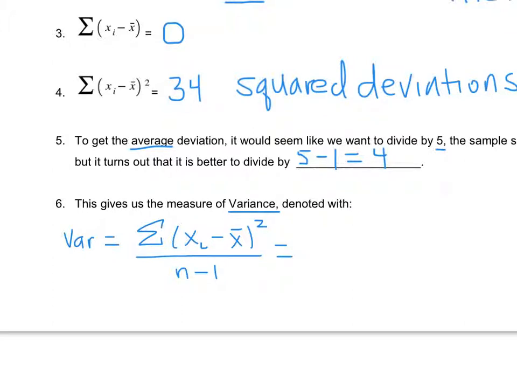So in our case, we found that the sum of those squared deviations was 34. We divide by n minus 1, we're dividing by 4, and that gives us a variance of 8.5. Okay, so we're starting to get at that average deviation away from the mean.